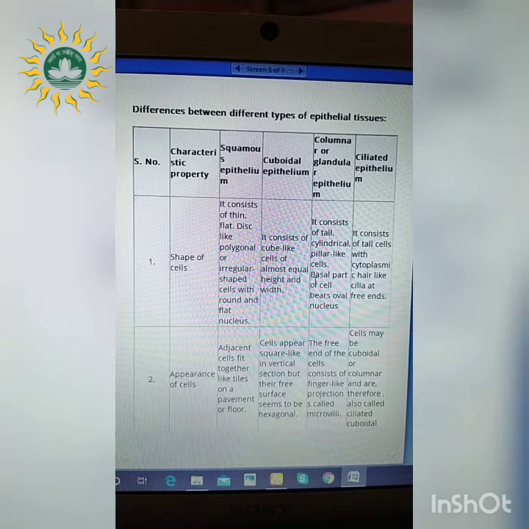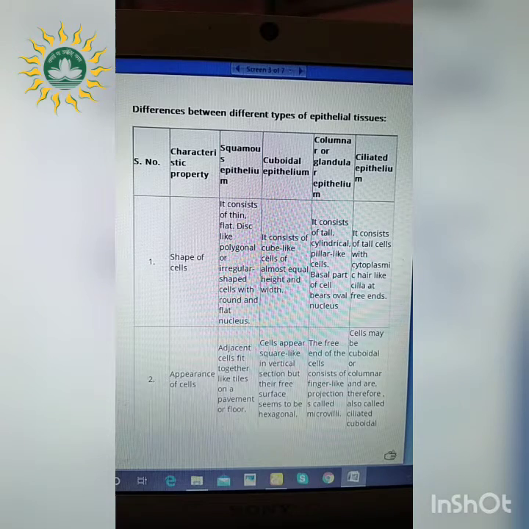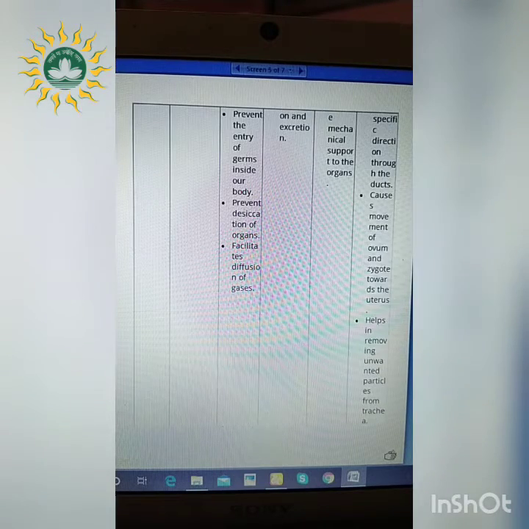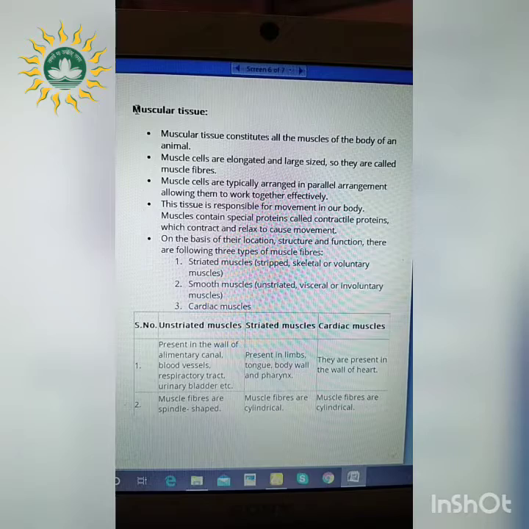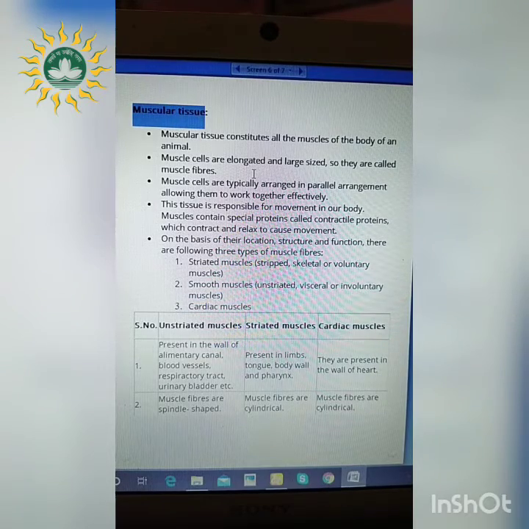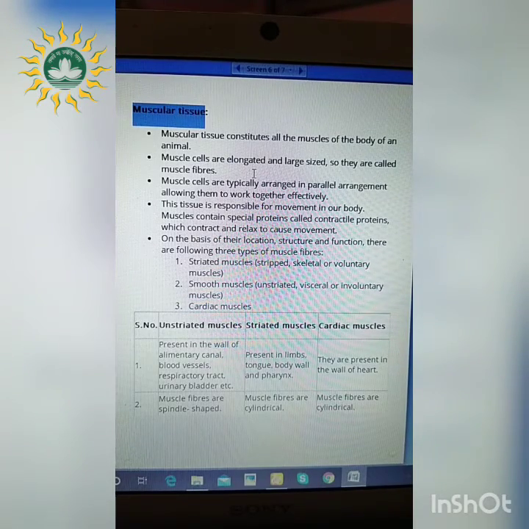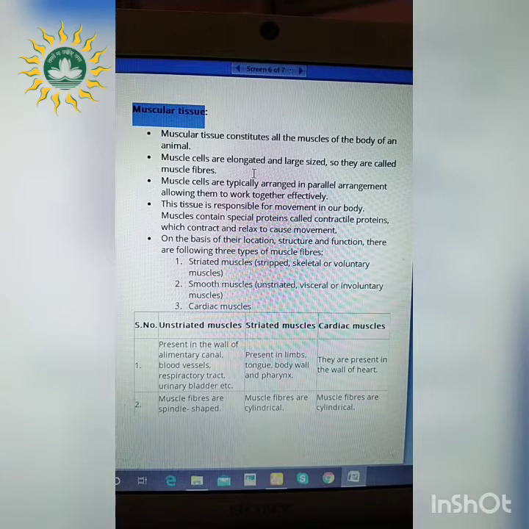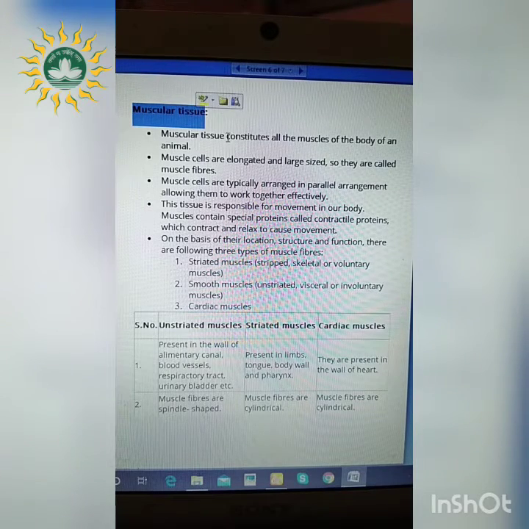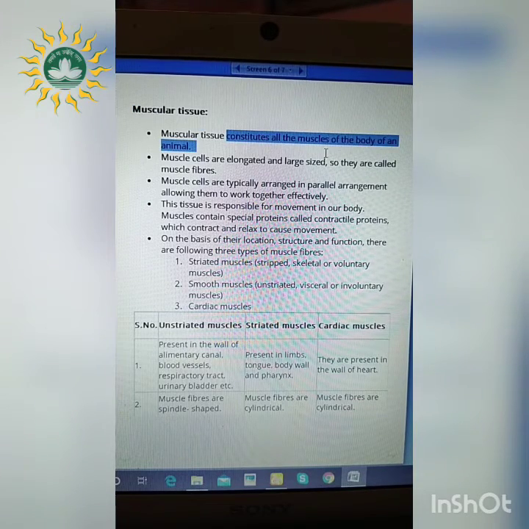So as a whole, I think it's clear to everyone, the types, characteristic properties and details of the epithelial tissues. Now next, we'll move on to the muscular tissues. From the name you can understand that muscles are involved over here, right? The muscular tissue constitutes all the muscles of the body of an animal.